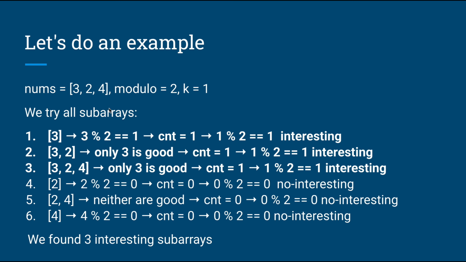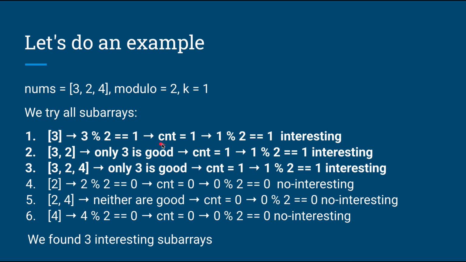If the count of such numbers, let's call it CNT, is divisible by modulo, then the subarray is interesting. So we'll take 3 modulo 2, because modulo is 2 and k is 1.